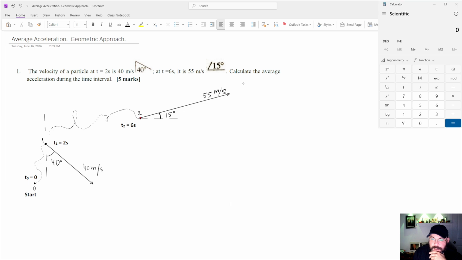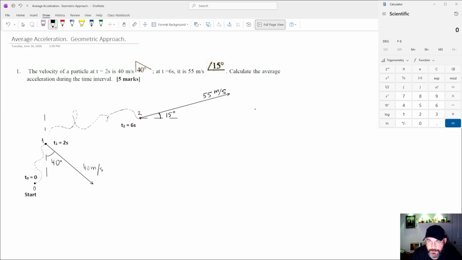And average acceleration by definition, this is the vector, which is equal to v2 minus v1 divided by delta t. So this is our velocity 2.